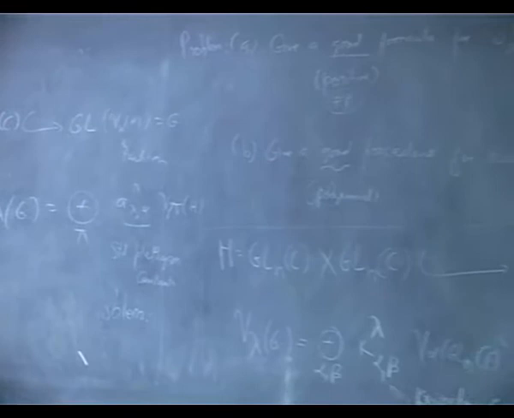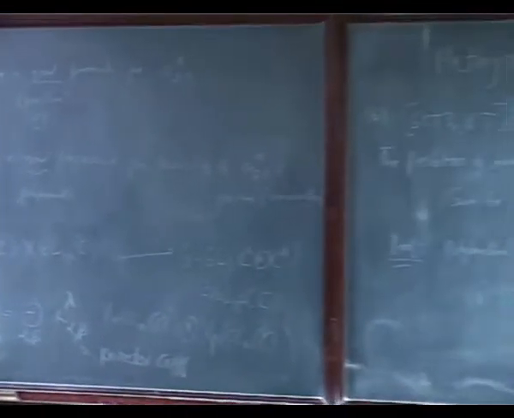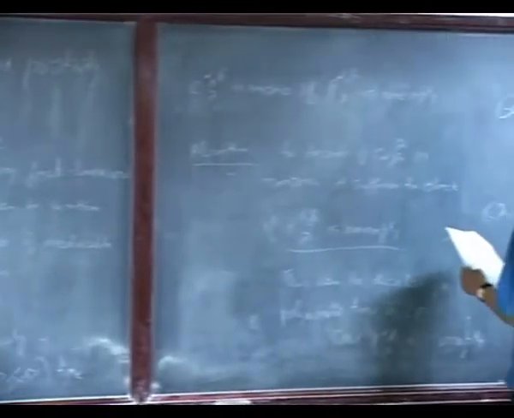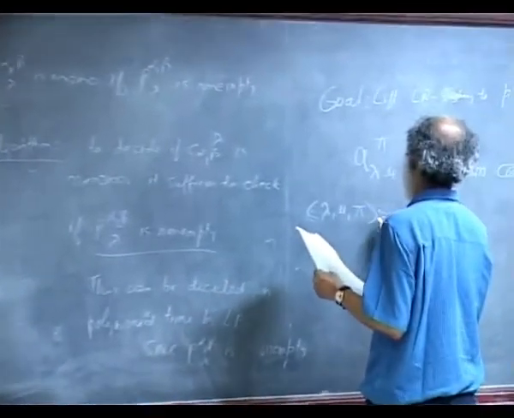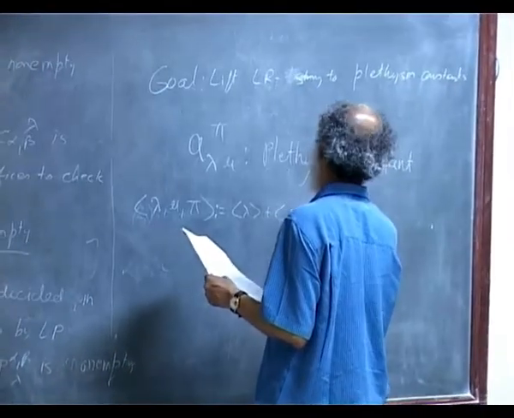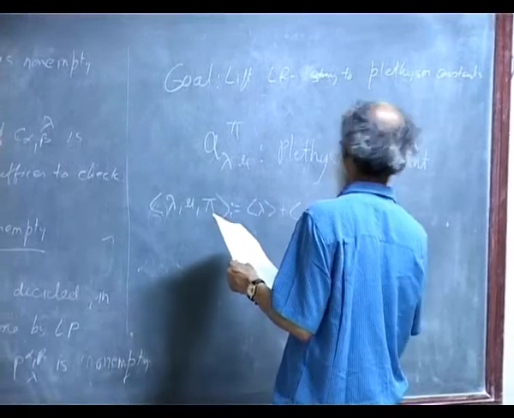Okay. So we define the bit length of specification of lambda, mu, pi to be the bit length of lambda plus the bit length of mu plus the bit length of pi.